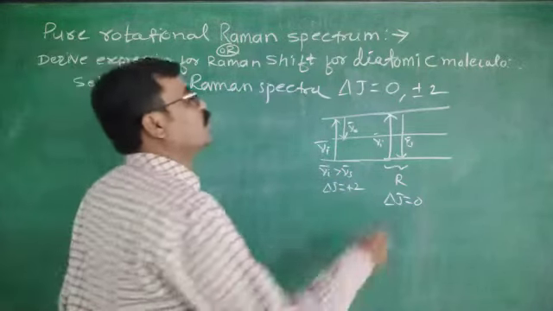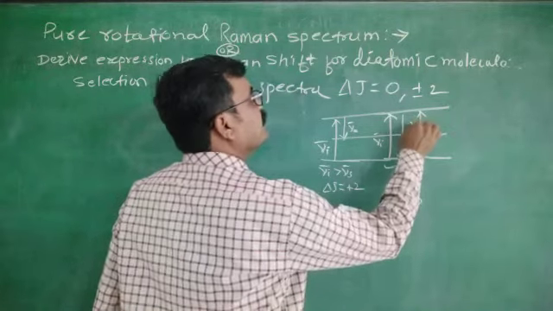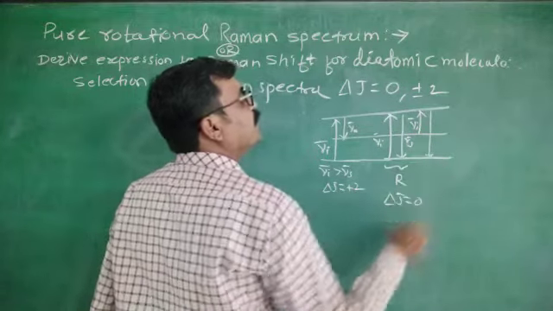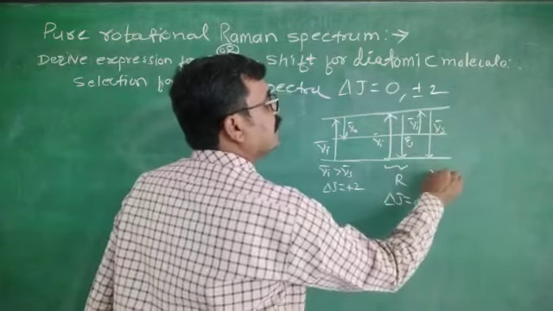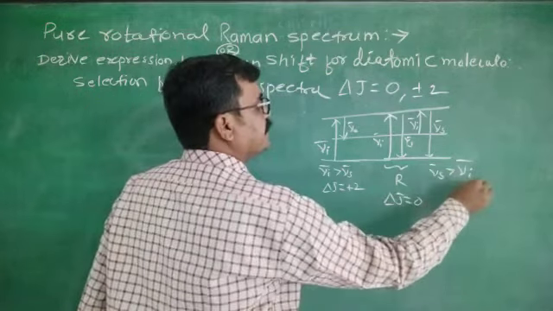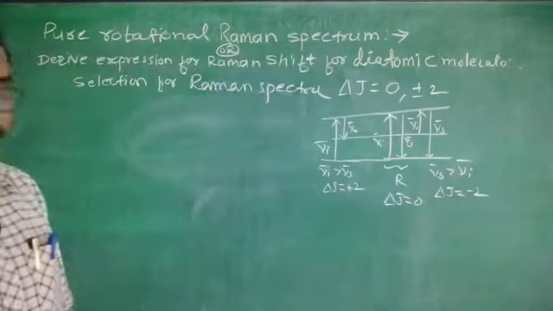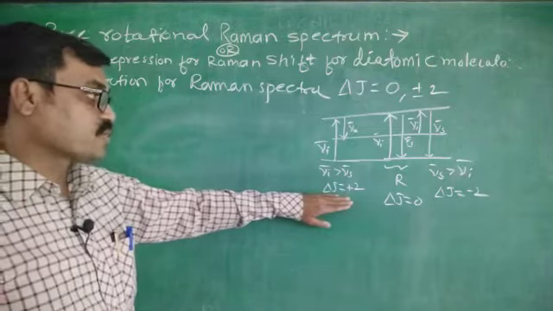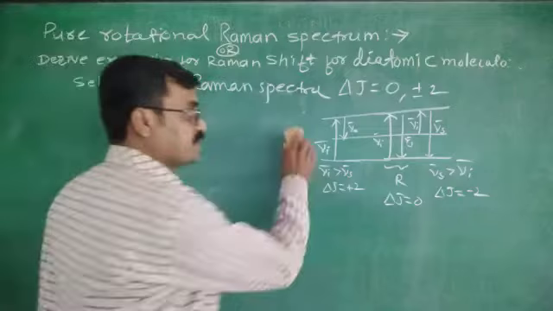Also here, if this is the frequency of incident light in terms of wave number, then the frequency of scattered light nu s bar is greater than nu I bar, and these are the anti-Stokes lines, and here delta J equals minus 2. Now this is the selection rule for Stokes lines, and this is for anti-Stokes lines. In this way, this is the selection rule.